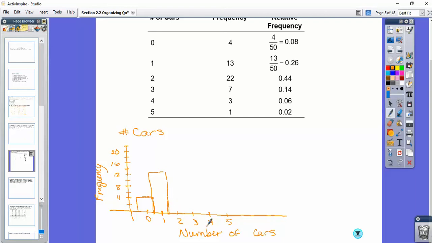So it'll look like this. 2 had a frequency of 22. 3 was at 7. 4 was at 3. And 5, we only have 1 car. 1 household.